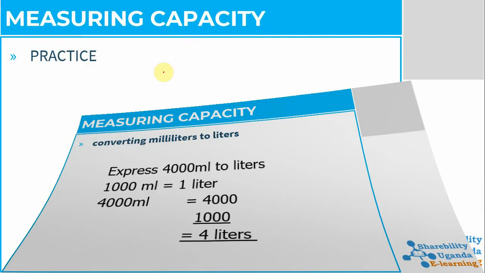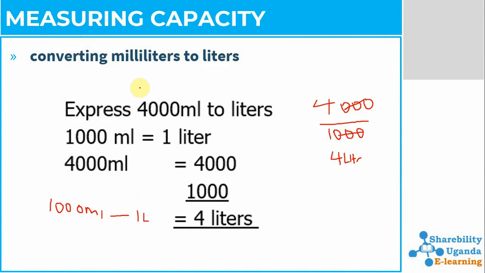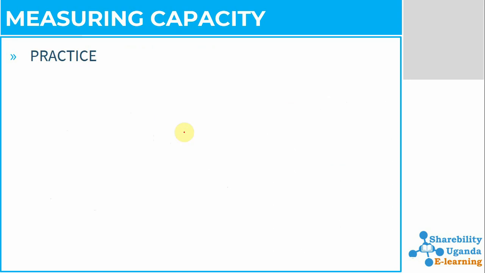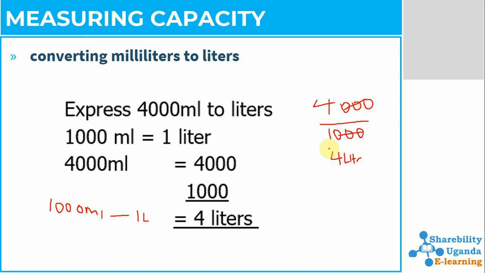Let's also look at the recap of this. We said when you are changing milliliters to liters, we shall divide, because milliliters are a big value and we want to change it to a small value. So we shall divide the milliliters which are given by 1,000, right? So we shall come up with the liters. So this is going to be our answer.